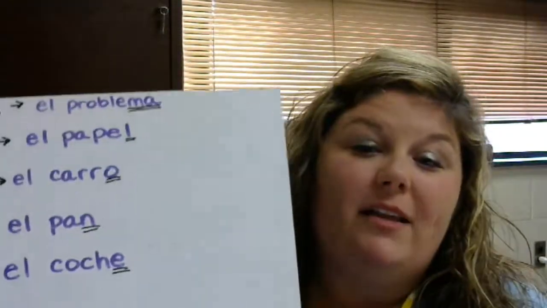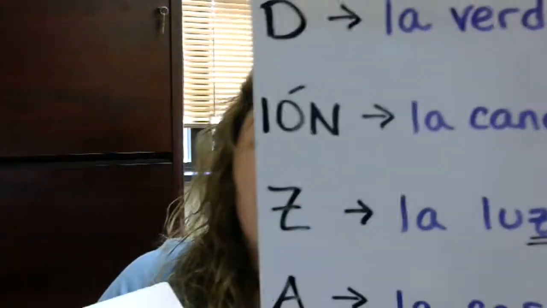With that being said, I want to talk to you about the word the. We use el for masculine words, and we use la for feminine words to say the in Spanish.